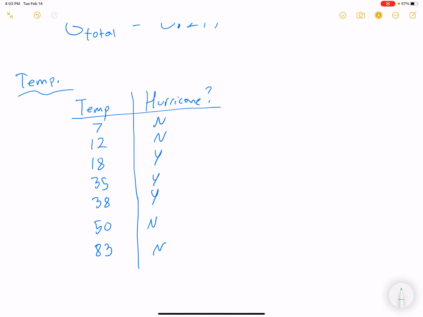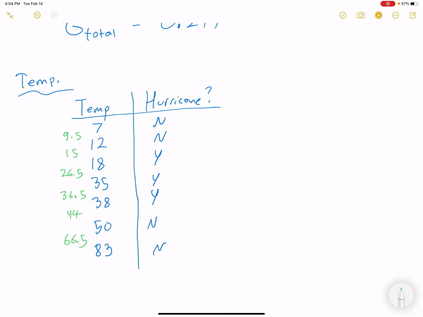So the average between 7 and 12 is 9.5. The average between 12 and 18 is 15, etc.